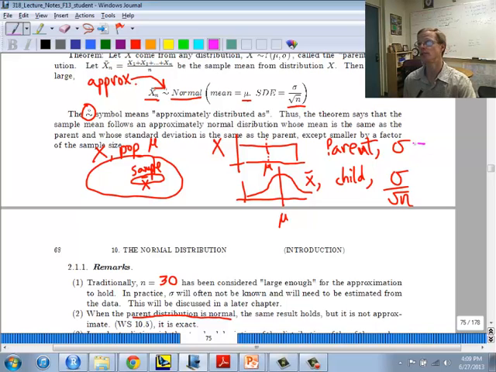In order to distinguish these two, we're going to keep the parent called standard deviation, but we're going to call the child's value standard error in order to make that distinction. So the standard error of the mean of x bar is the standard deviation of the parent divided by the square root of n. However, this is the standard deviation of the distribution of means. It's simply named so as to give us a distinction.